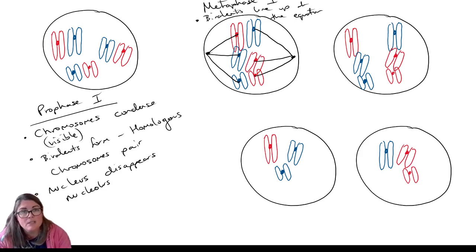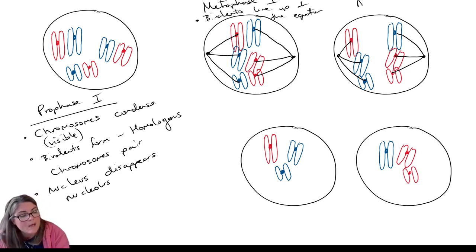Once they have lined up at the metaphase plate, the centrioles will start to retract their spindle fibers. So this is where we're at anaphase 1.